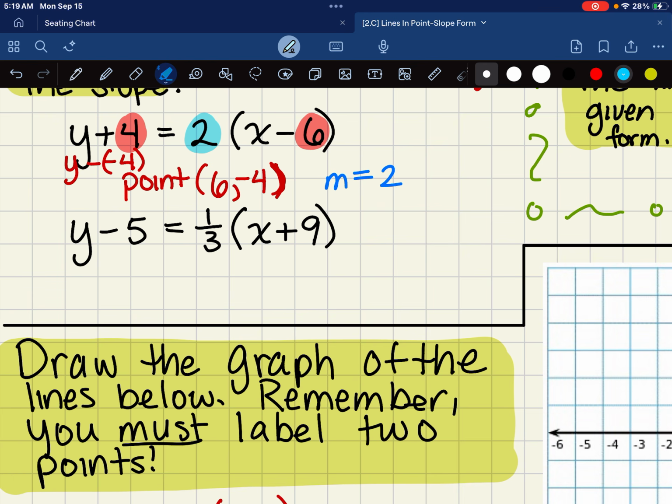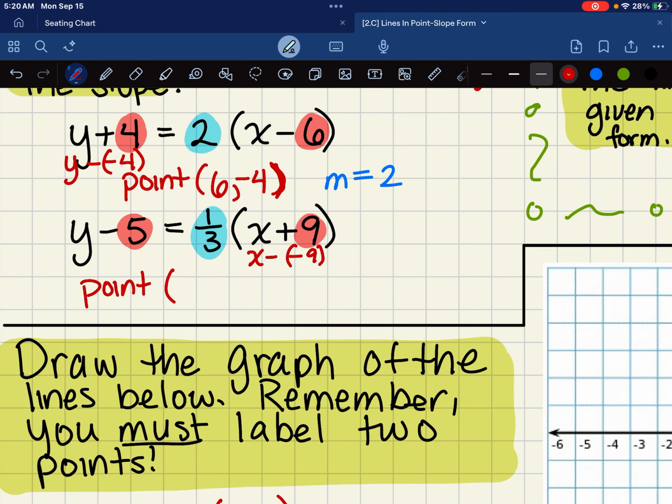All right, so I'm going to try that again. My point is made up of the numbers after x and y. My slope is the number before x and y, or before the parentheses. If I write the point out, this x has a plus, but the formula has a minus, so I'm converting that to subtracting a -9.